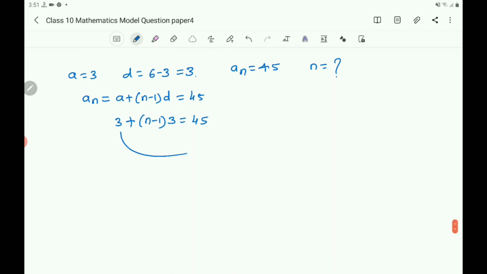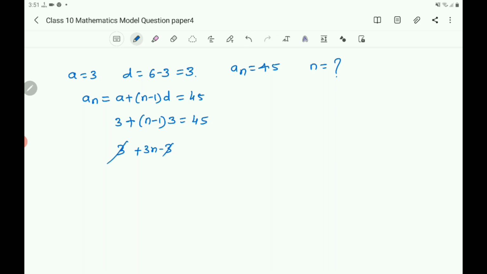Then you transfer this to the RHS. You can multiply n minus 1 by 3, that is 3n minus 3. Or otherwise you transfer this 3 to the RHS, you will get 45 minus 3.